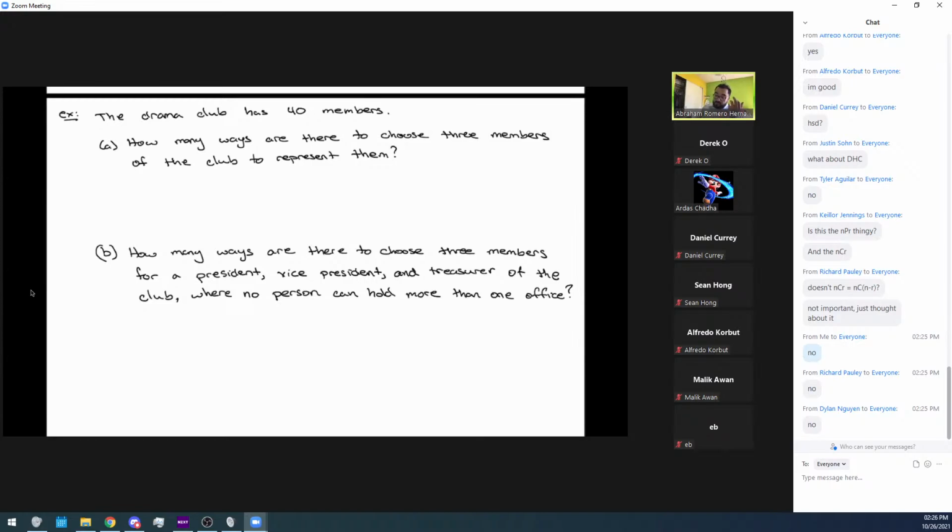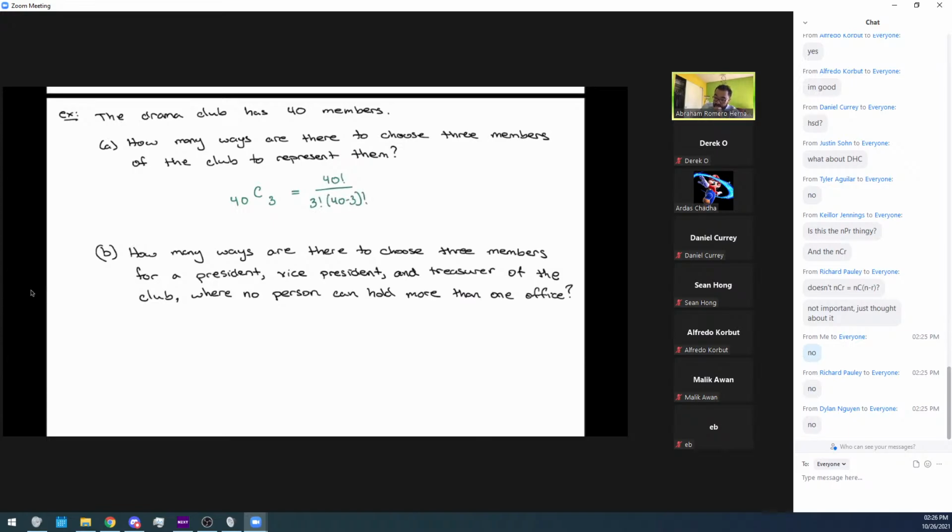So I'm going to select those 3 people. So I'm going to say 40 choose 3. Does that make sense? So that means we have 40 factorial over 3 factorial times (40 minus 3) factorial.